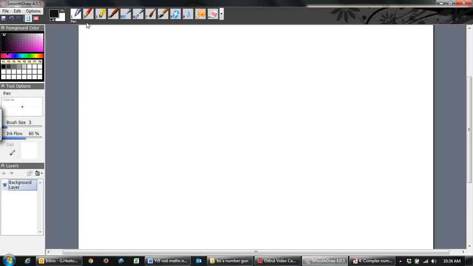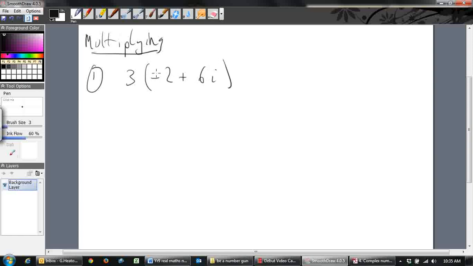And finally, let's look at multiplying complex numbers. Again, I'm just going to do an example. I'll give the notes in class. If we have 3 times the complex number -2 + 6i, it's exactly like your algebra before. This 3 gets multiplied by each part in here. So 3 times negative 2 is negative 6, and 3 times 6 is 18.